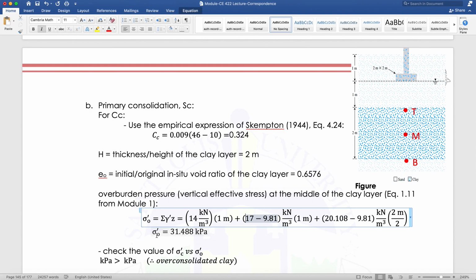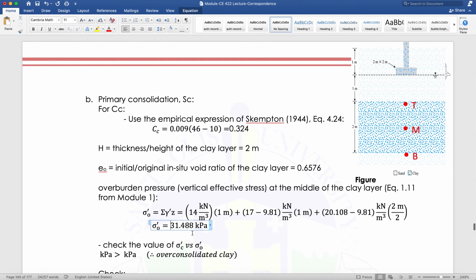Therefore, sigma sub 0 prime, or the overburden pressure, is equivalent to 31.488 kilopascals.